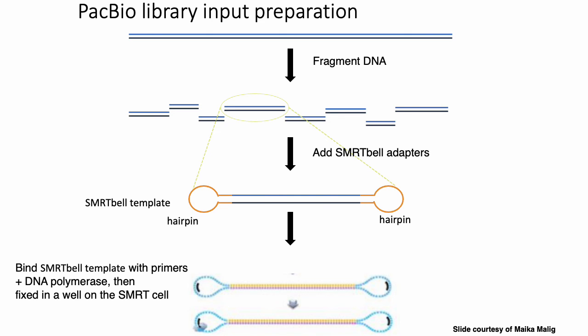The interesting thing about the SmartBell template is that it's structurally linear, basically a linear strand of double-stranded DNA with hairpin loops on the ends, but it's topologically circular in the sense that if you treat it as a single-stranded piece of DNA, it's basically a circular piece of DNA.